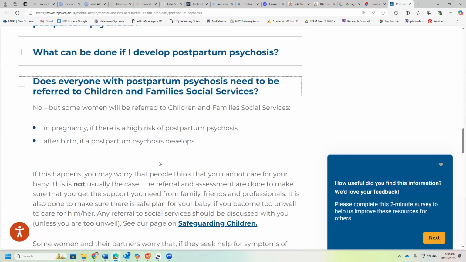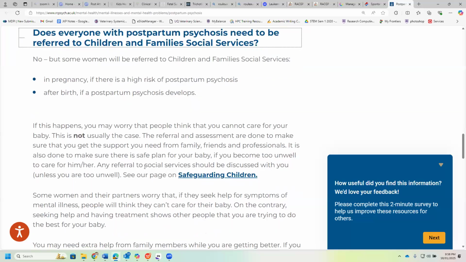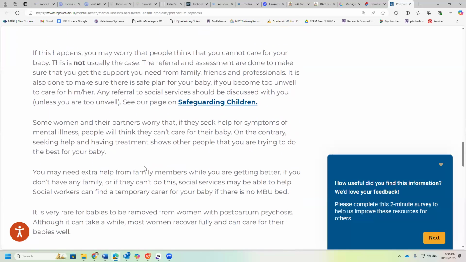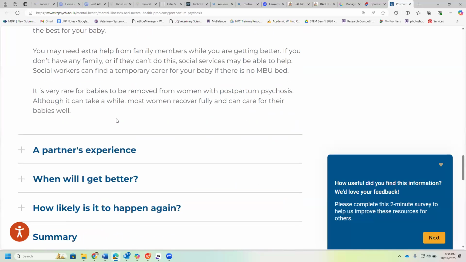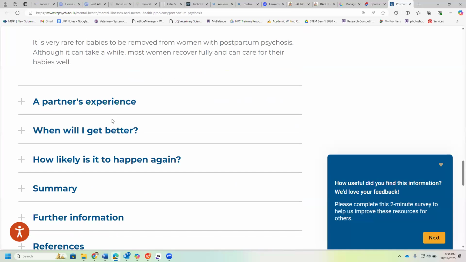For example, they need to have an early referral to the children and safety and family services, and they need early reviews and late reviews in the pregnancy as well to see if they are developing symptoms or not.